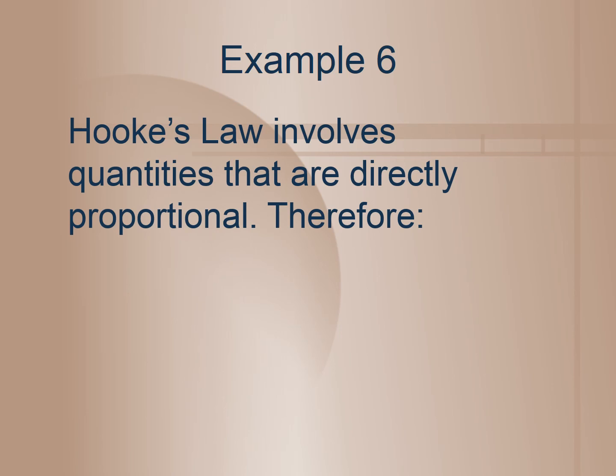So notice that it said that it is directly proportional, which means that it's a direct variation. And since it's a direct variation, we can use that law of proportions, y1 over x1 equals y2 over x2 to help solve our problems. So the first thing we want to do is write a proportion for the quantities that are directly proportional.